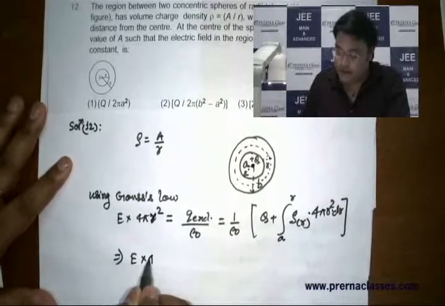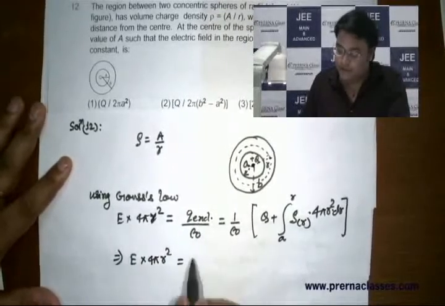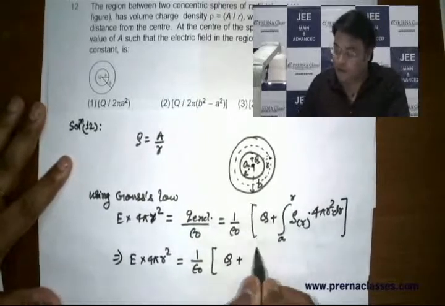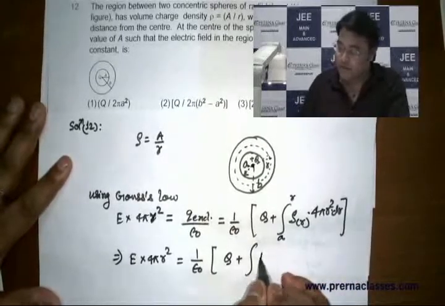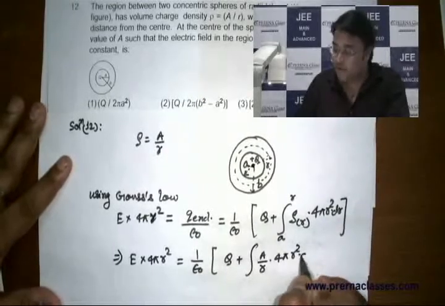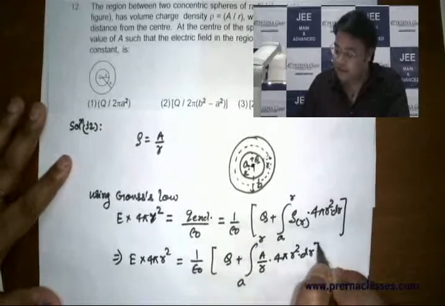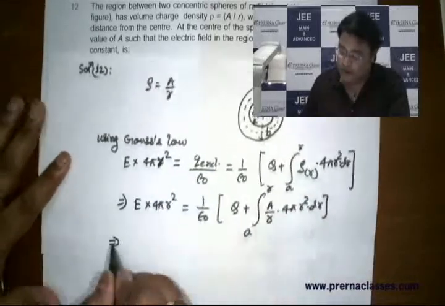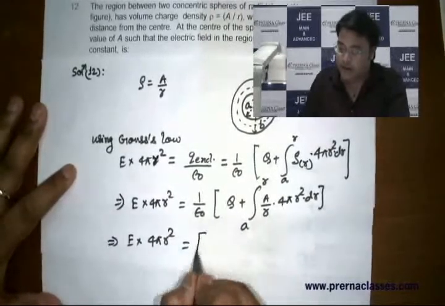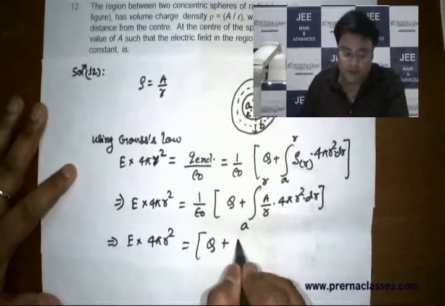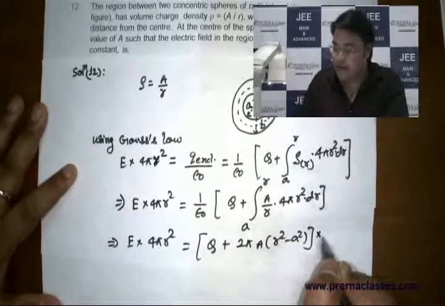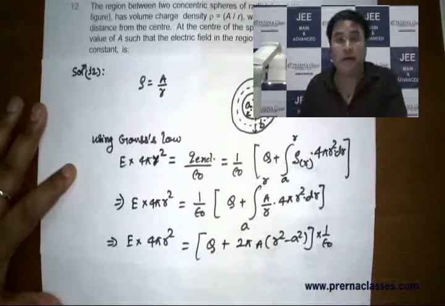Now it is written as E into 4 pi r square equals 1 by epsilon naught into Q plus integral, and the value of rho is capital A by r. So it is A by r into 4 pi r square into dr from A to r. Finally it comes E into 4 pi r square equals Q plus 2 pi capital A, r square minus A square, by epsilon naught.